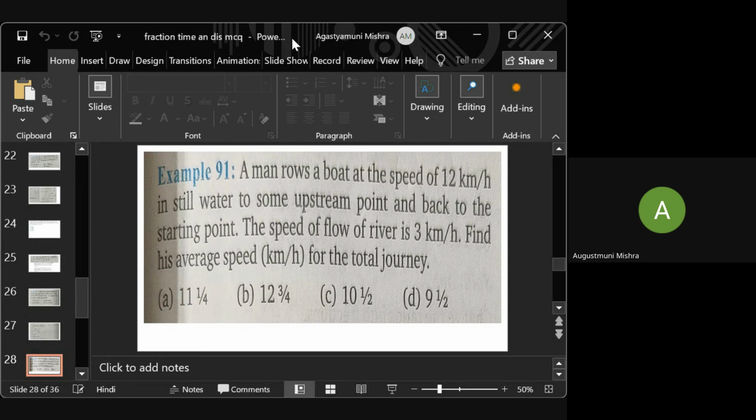Okay, two responses we have, that is A. Both of the participants said A. A few more responses, at least three more responses, then I will change this slide.